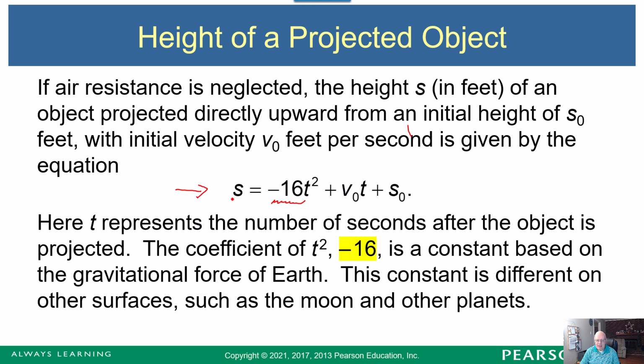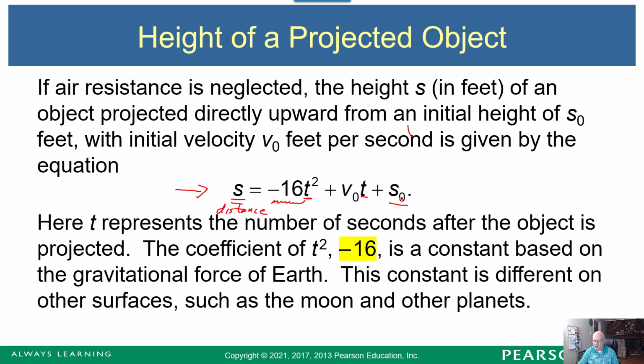So this represents distance. T represents how long that object has been in the air. Same thing for this T. This V sub 0 means how fast was the object going upward when it was released. And S sub 0 means where was the object?